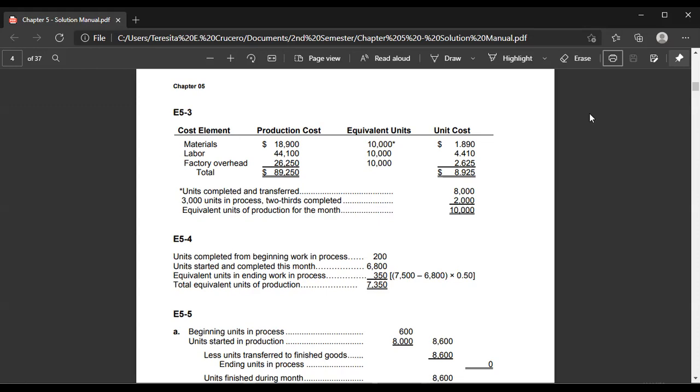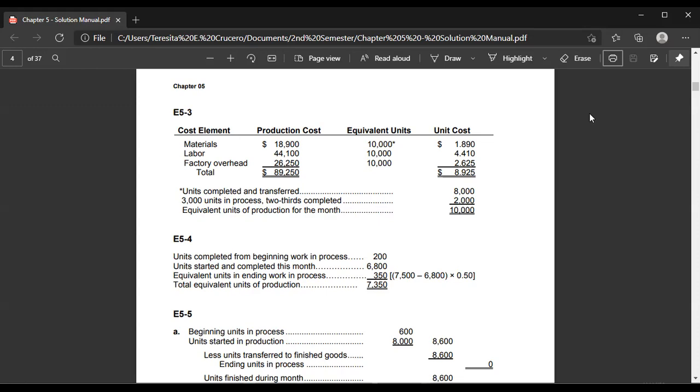Now, if the units completed is equal to 7,000, meaning the units completed is 7,000, and so the unit in the ending inventory is 700.